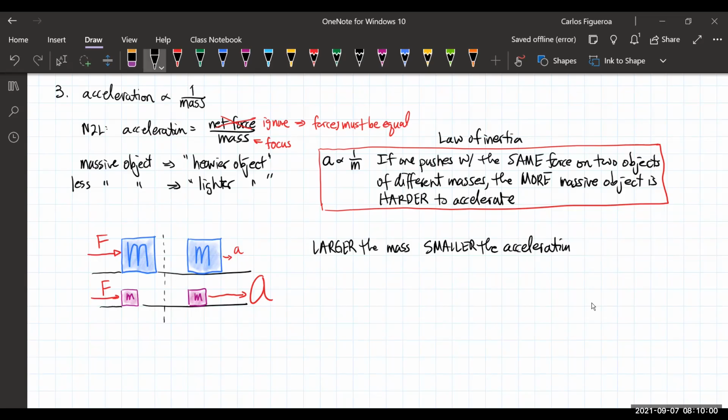Maybe I should have put an arrow here. Whereas if I have the smaller the mass, the higher acceleration. And so picture-wise, our equation says if I have a bigger mass, I have a smaller acceleration. If I have a smaller mass, I have a higher acceleration.